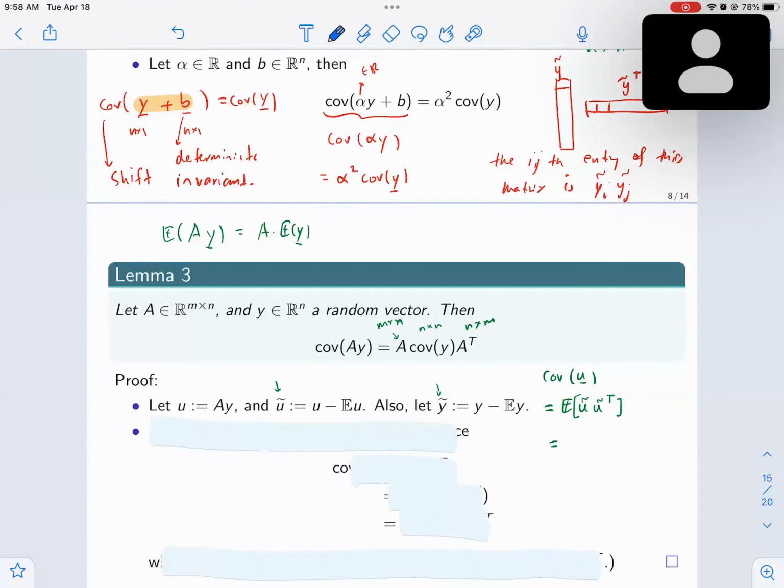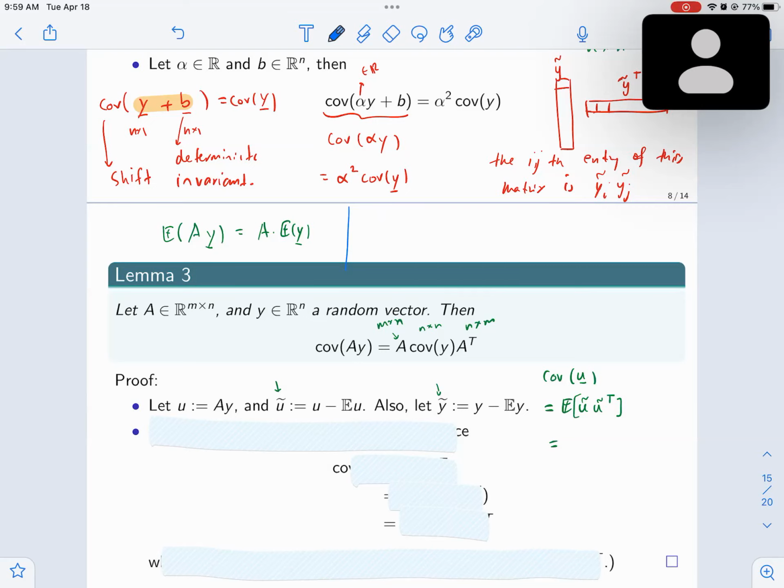Because u is Ay, so if you do the matrix multiplication on the centered versions, it's still equal. Yeah, but that's the claim. Can you prove it? You're just putting tildes on both. Right, because they're both centered. Okay, it's sort of obvious, but there is a bit of argument here.